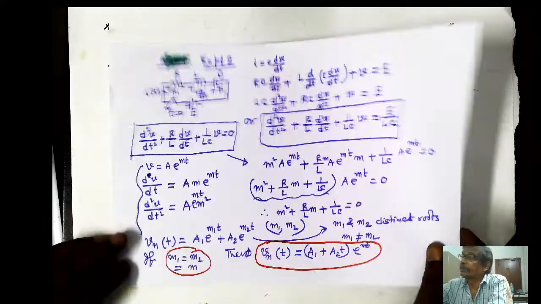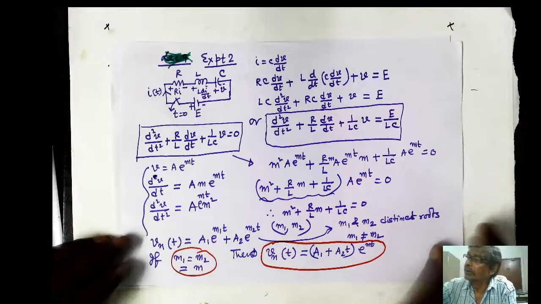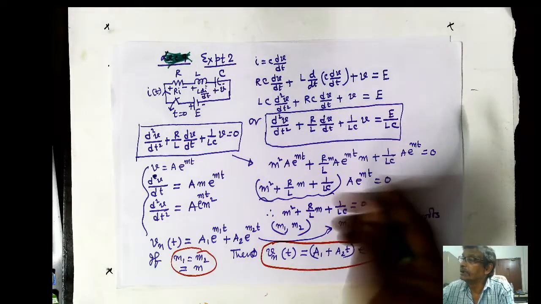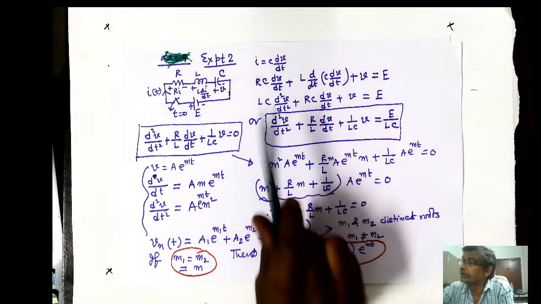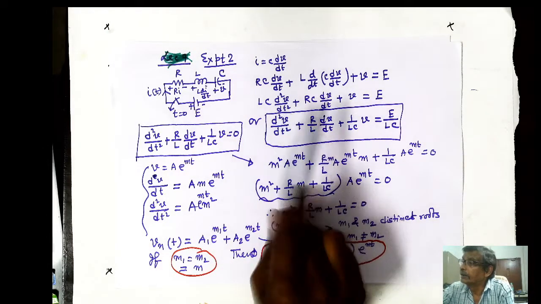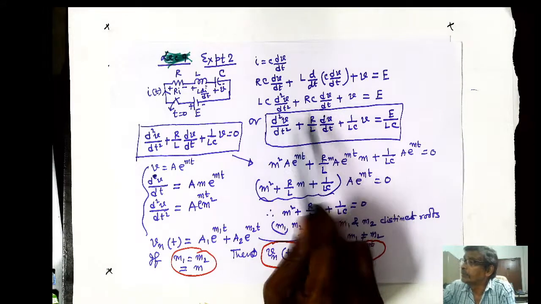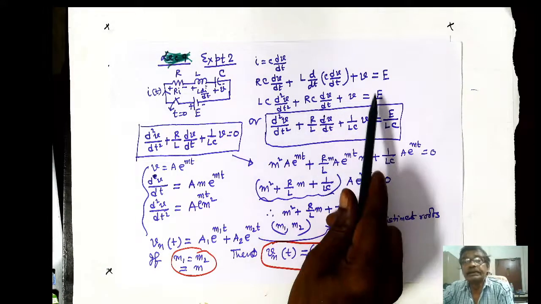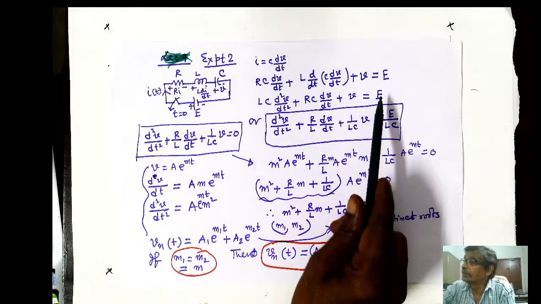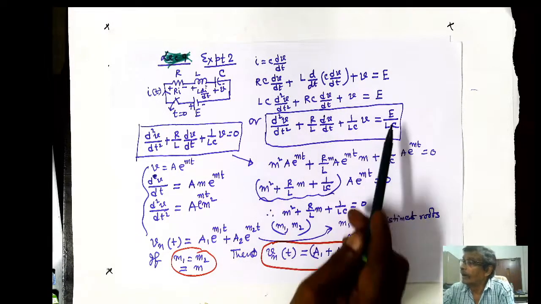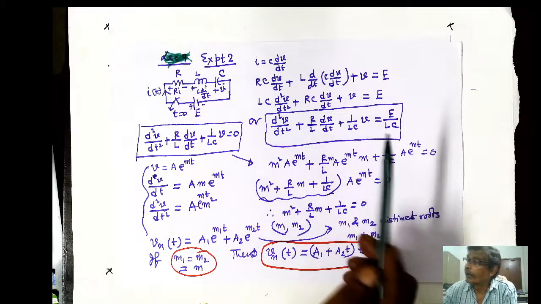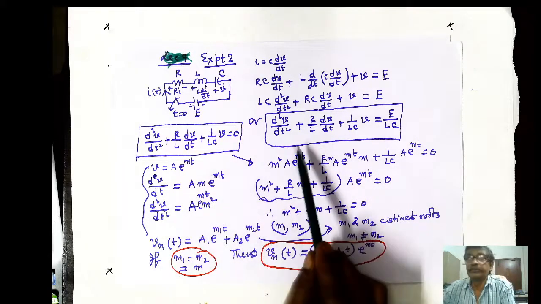In this circuit, therefore, we once again write the equations, and I will give you some hints. As usual, this time the right hand side has a constant voltage. Then divide by LC as usual, and this will be the second order differential equation.